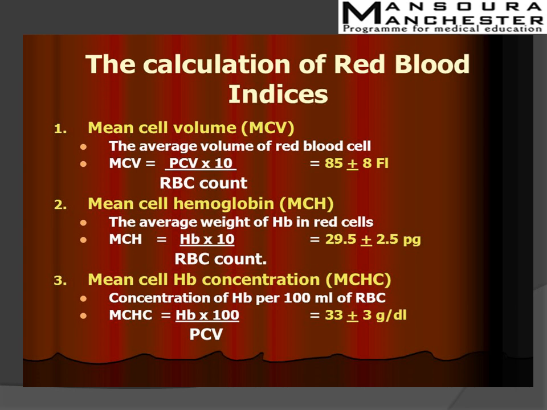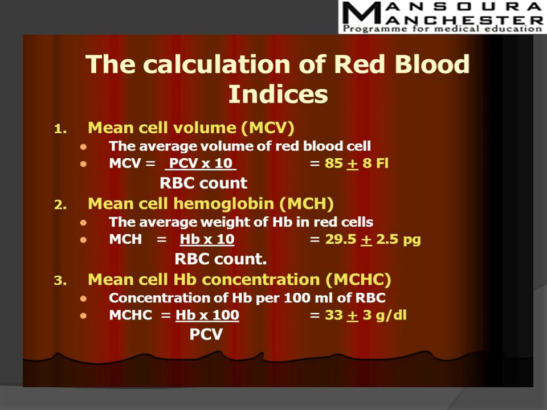Then we have the red cell indices. The red cell indices are mean corpuscular volume, mean corpuscular hemoglobin, and mean corpuscular hemoglobin concentration. Mean corpuscular volume is the average red cell size, which ranges between 80 to 100 femtoliter.